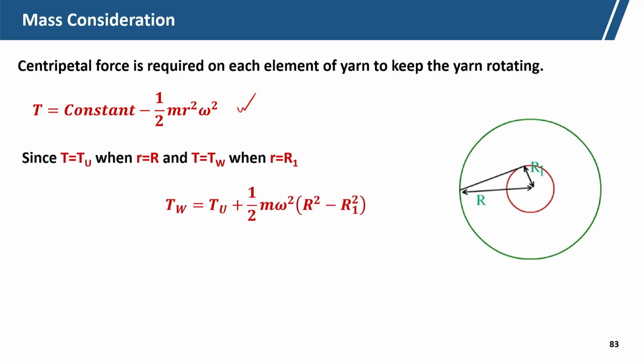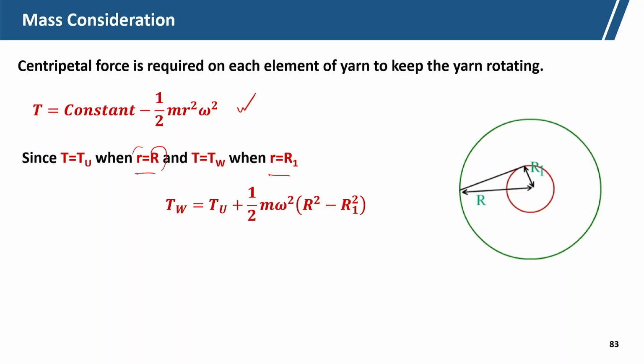So, T equal to T u when r is capital R, ring diameter equal to bobbin diameter, and T equal to T w when r is r 1.